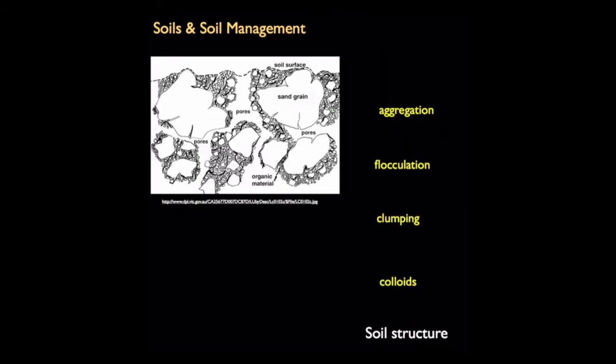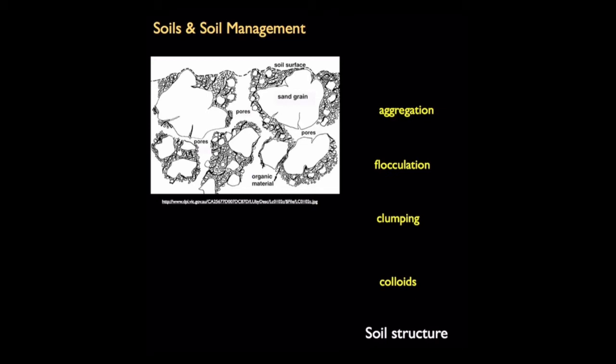We see then that soil structure is more than just the proportion of sand, silt, and clay. It really refers to how the soil particles are aggregated into secondary units. These relatively large units are formed primarily by the flocculation or clumping of soil colloids, clay and humus particles, through weak electrochemical interactions.